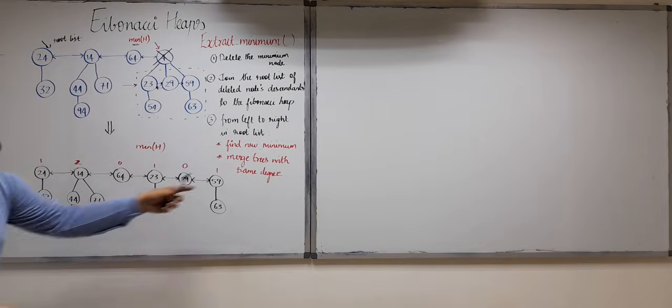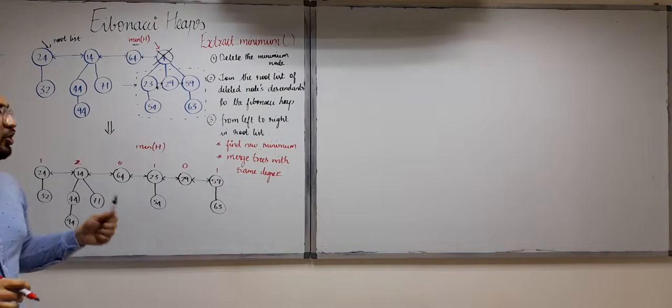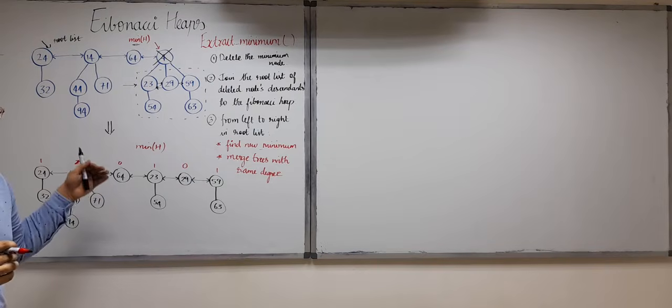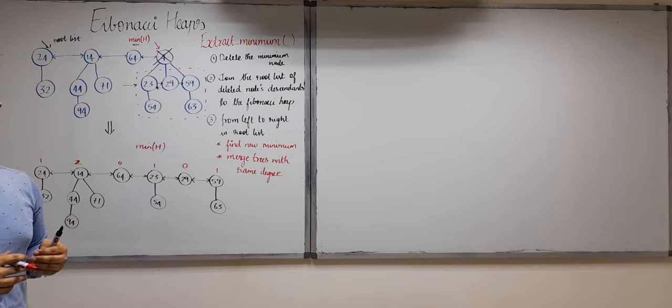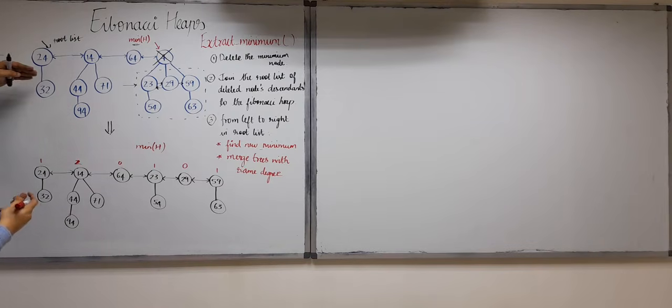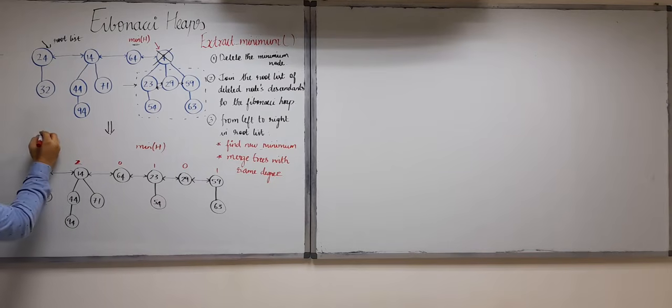Now merging trees with the same degree is not as easy over here as it was in the case of binomial heaps. So you can refer to my video of merging two binomial heaps. You will find it in the side button. Because the problem over here is that in the case of binomial heaps, because we were merging two binomial heaps, the B0 and the B0 used to come together.